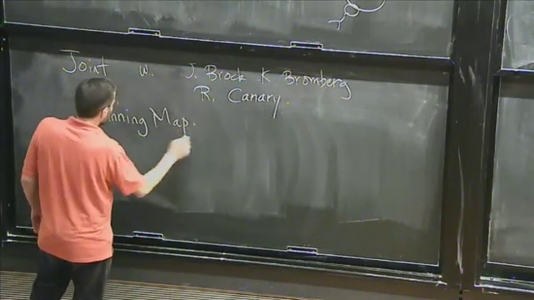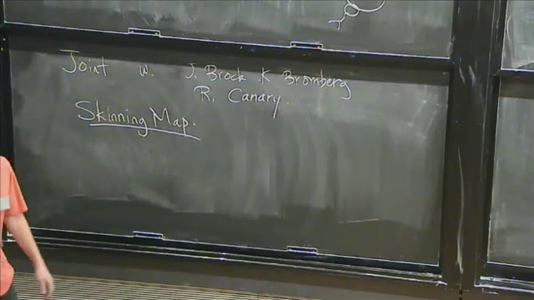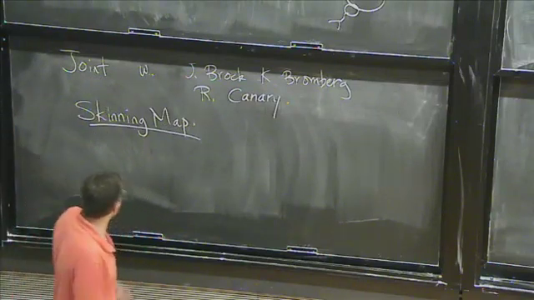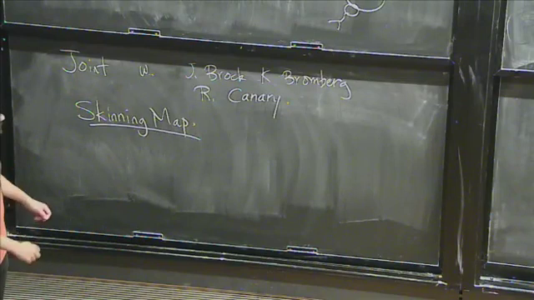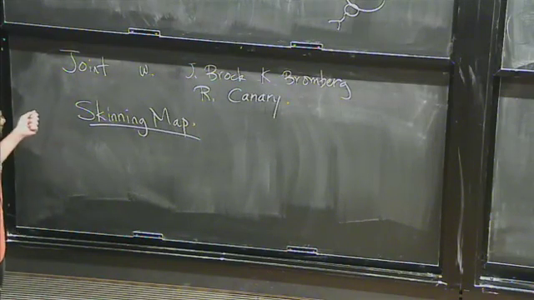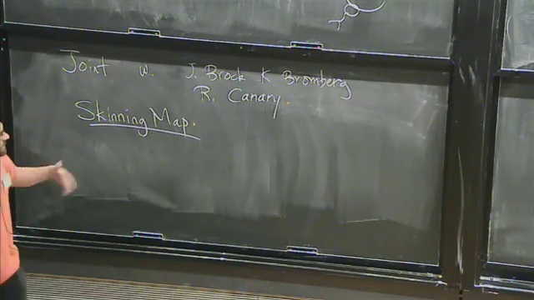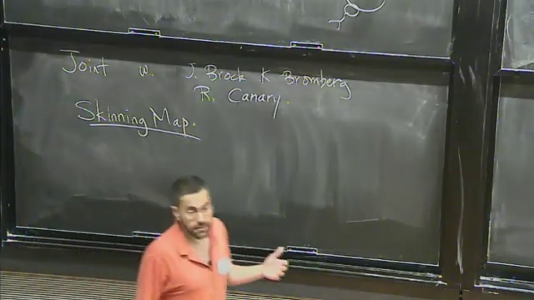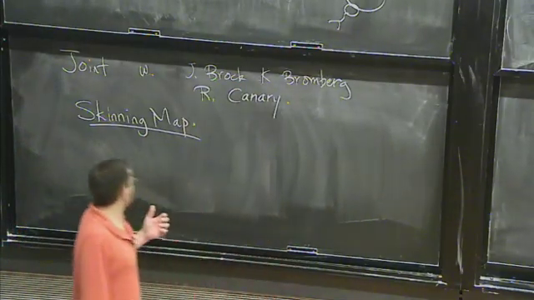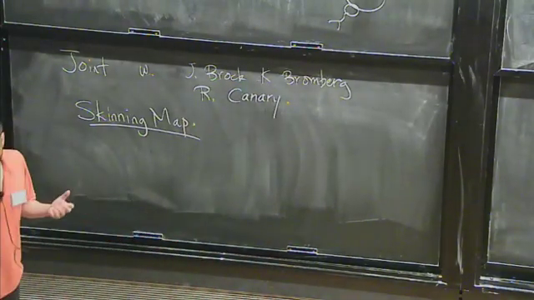So I want to spend a little while telling you what the skinning map is if you don't already know, and explaining a little bit more that we have to say about it than was known before. The skinning map is a self-map of Teichmüller space, and it comes up in Thurston's proof of hyperbolization of three manifolds.